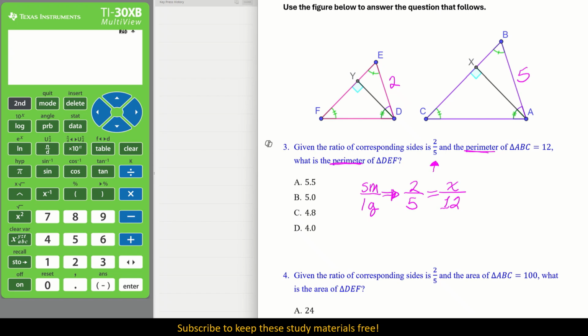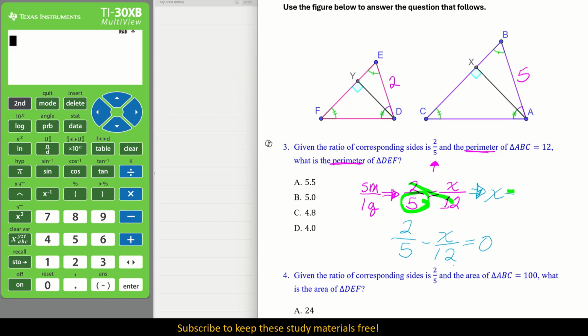We have two ways to do this. Okay, we could find x by doing the traditional proportion. Multiply 2 times 12, then divide by 5. Okay, we have that. Or we could say 2 over 5 minus x over the 12, and make that equal to 0.